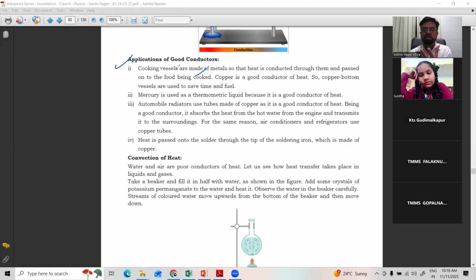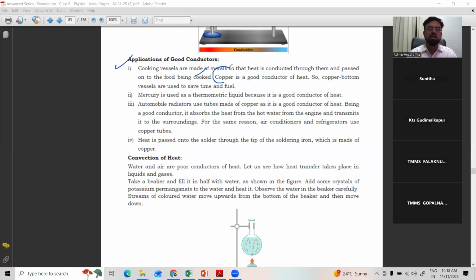Generally cooking vessels are made up of either stainless steel or aluminum or silver, which are good conductors of heat, because when you are heating them by placing them on a gas stove, when they are heated, they supply heat to the food and make the food cook, right?